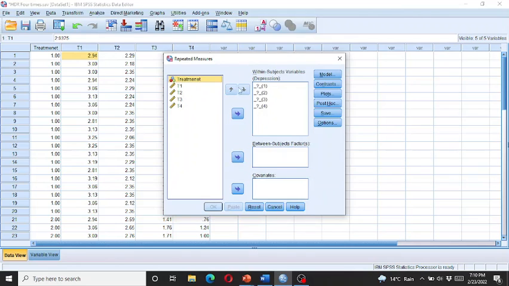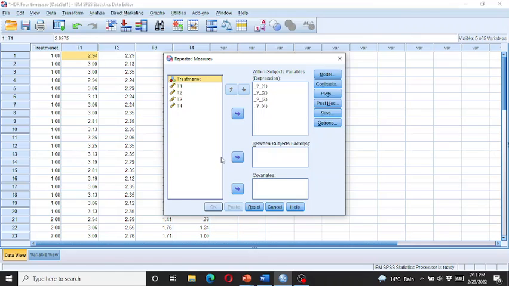So here you can see we have 3 boxes. The one is the dependent, other is the independent, then the covariates. We don't have covariates here. We only have the dependent and the independent variable. The dependent variable, as I previously told, should be a continuous variable. Here we have the depression level measured 4 times, and we have the treatment, that is CBT and the EMDR.